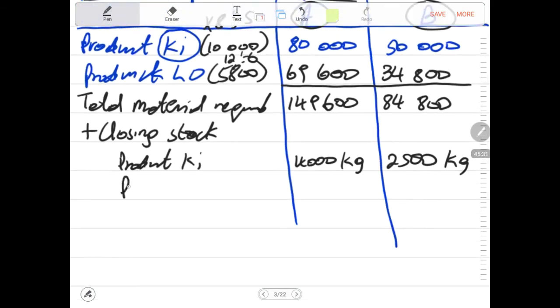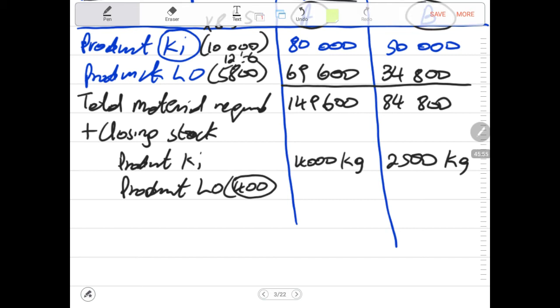Then we come now to product LO. Product LO closing inventory, they said it must be 400. We must have inventory that is enough to produce 400 units of product LO. Remember, 400 units of product LO are completed units. And we are not looking for the completed units.